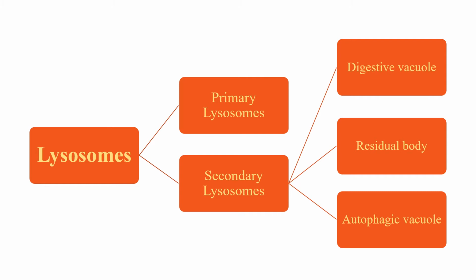They can be the digestive vacuole, which will result from phagocytosis or pinocytosis of the foreign material performed by the cell, or residual body, which is when the digestion of any particular material is incomplete and this particular substance then stays as a residual body in the cell, which is then eliminated via defecation. And lastly, autophagic vacuole, where the lysosome very frequently engulfs some parts of the cytosol by a process known as microautophagy.